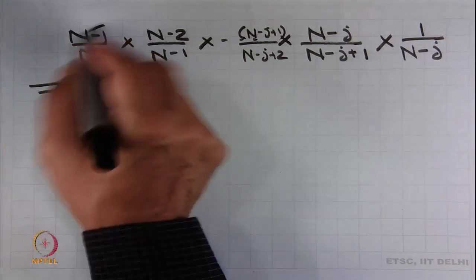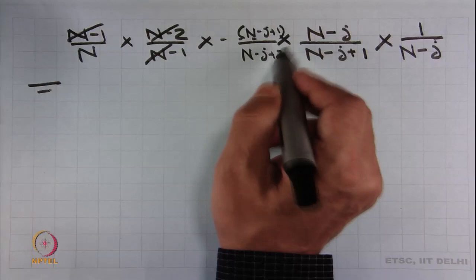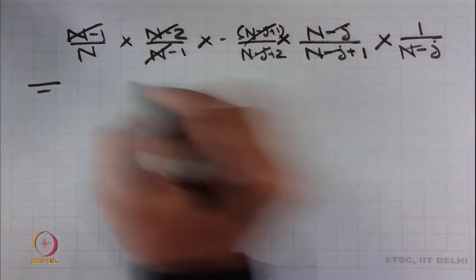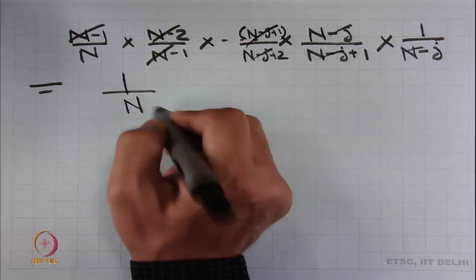So, what we are getting? These terms cancel each other, and what we are left with is 1 upon n.